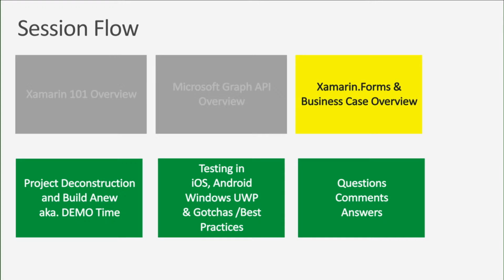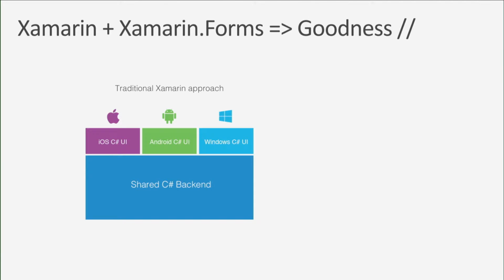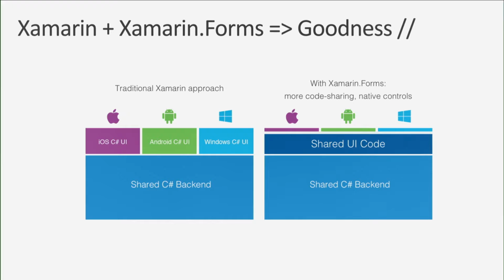So let's talk about Xamarin.Forms now. Let's pivot one more time to another type of Xamarin conversation. When you're working with Xamarin, we talked already about the 75% shared code base and the 25% platform specific. Welcome to Xamarin.Forms.